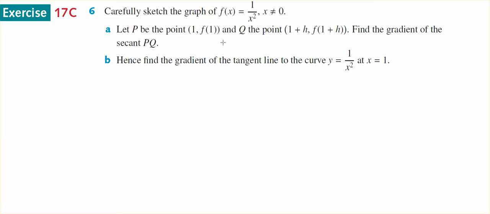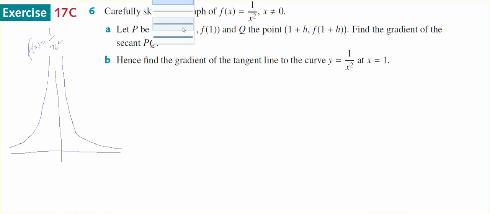Hence, I'll use that gradient and a limiting process to find the tangent to the curve. To sketch the graph first, this is going to be my truncus of f(x) = 1/x².